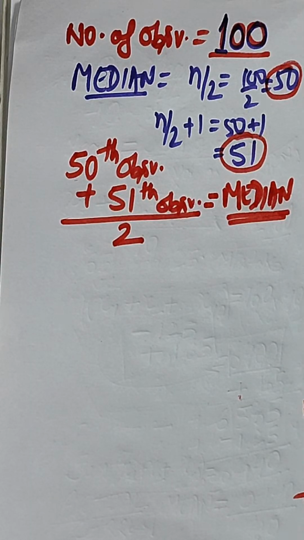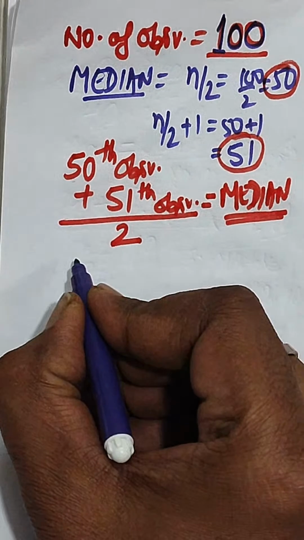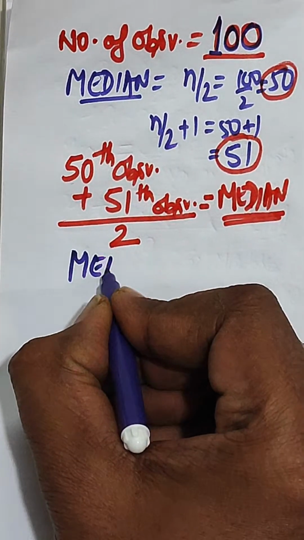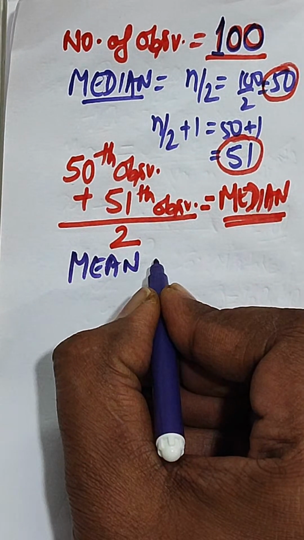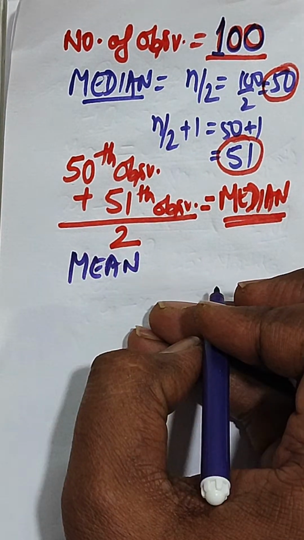Now from the initial total we can say that the correct mean is calculated. Here you have told me two data.